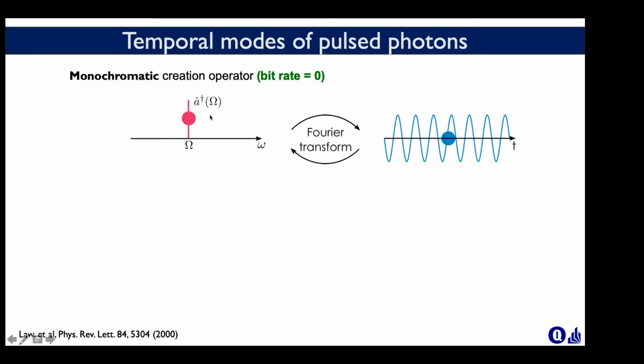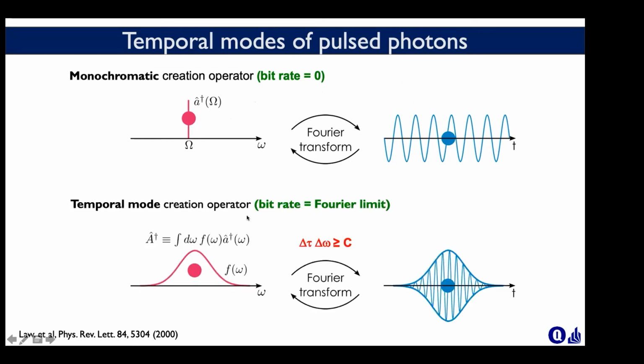This is a single mode, with one frequency, and this frequency is quantized. That's fine, except that it can't be the truth in any experiment, because if we have one monochromatic frequency, you Fourier transform and you see it lasts infinite time. So it can't be realized in any experiment, and it has a quantum bit rate of 0. You have to do something else.